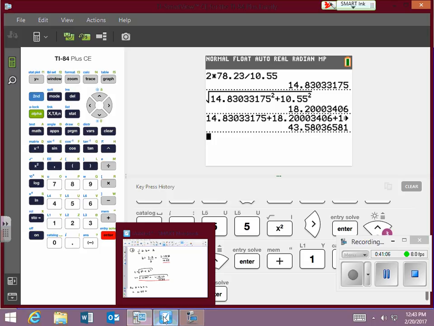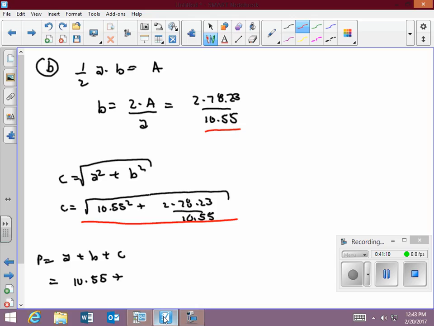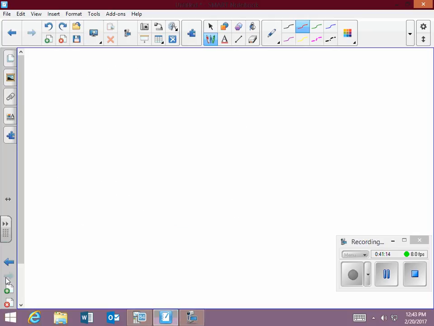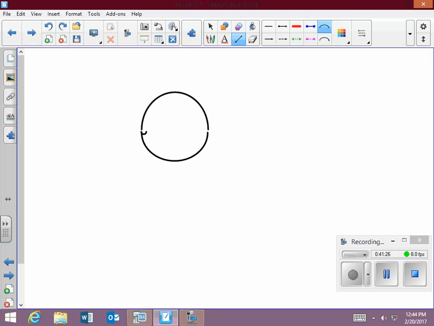Okay, you can do those C and D. I'm going to look at 8. We have these, and it looks like an egg. We have these two circles that are the same size.